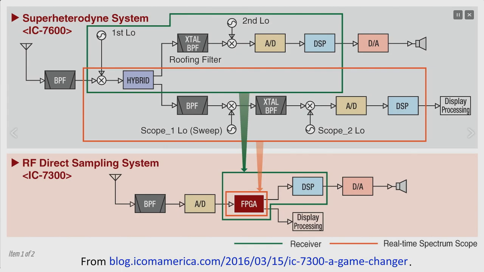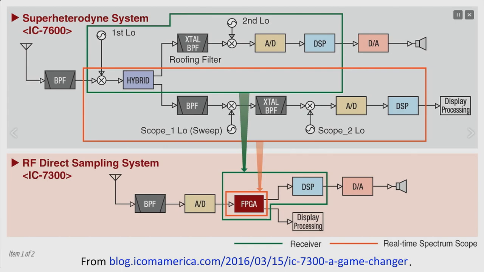That is fed to the A to D converter, which converts that analog signal into digital. Then it goes to the DSP section where we've got noise reduction and various other functions that we can do to the received signal. Then it goes to the digital to analog converter, which converts it back to analog, since no one's ears are digital, they're all analog. That goes on out to the speaker.